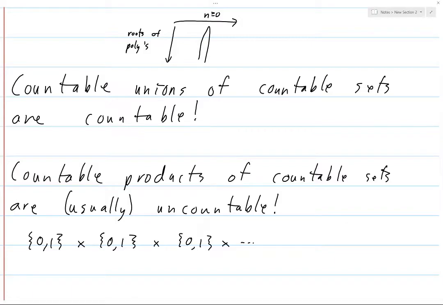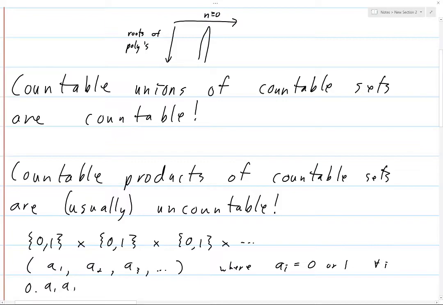But if you take any element of this form, you can think of it as an ordered tuple A1, A2, A3, etc., where Ai is equal to 0 or 1 for all i, and then we can interpret this as a decimal, 0.A1A2A3, etc.